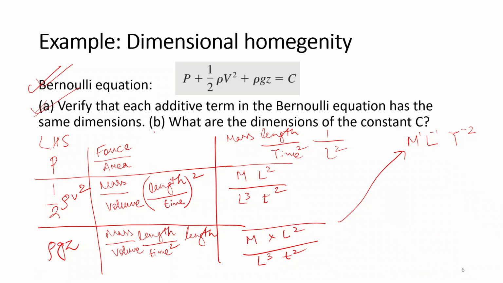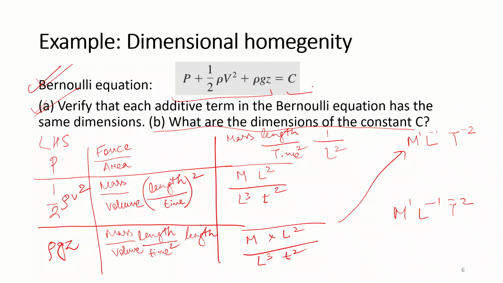And then, what are the dimensions of the constant C? It should be the same. M is 1, L is minus 1, and T is minus 2, similar to the left hand side.